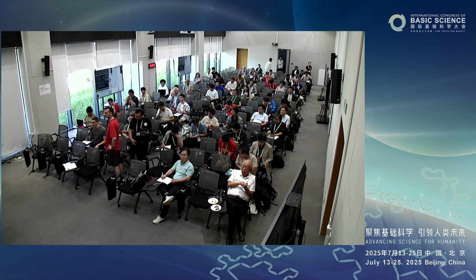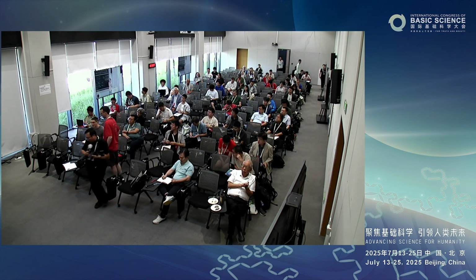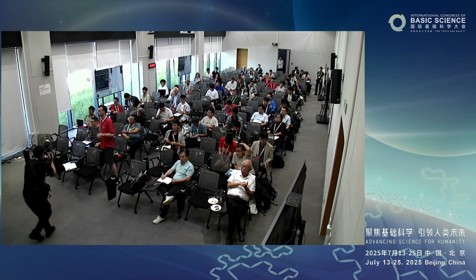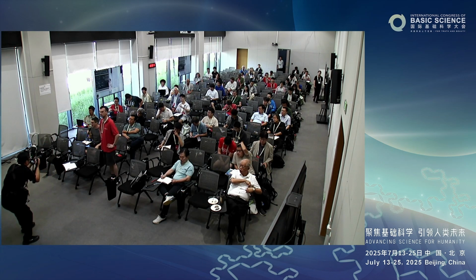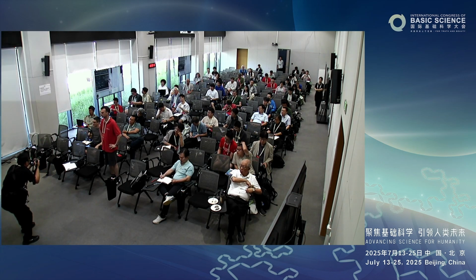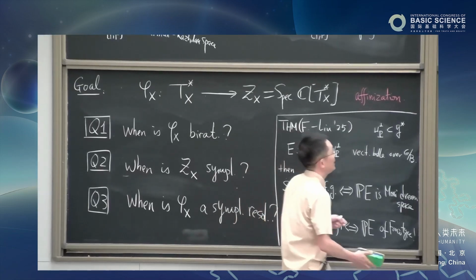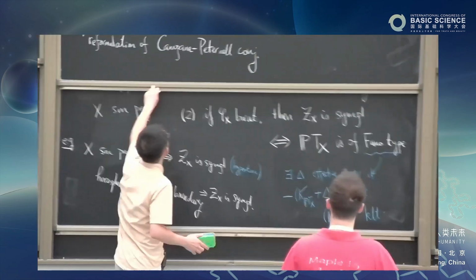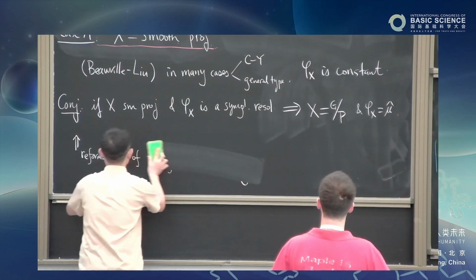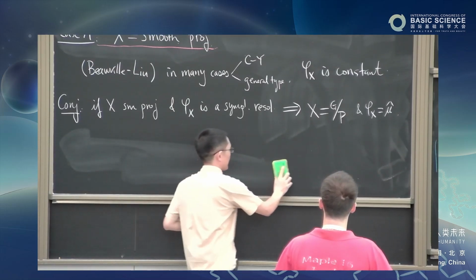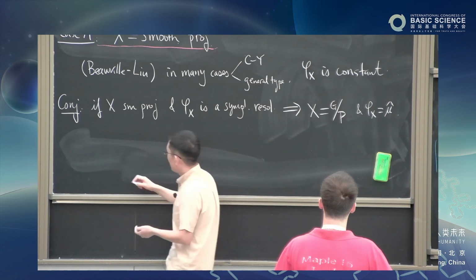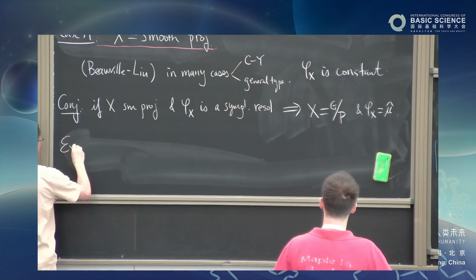Do you know what kind of singularities appear in your symplectic varieties for either case A or case B? Yeah, we have some examples. It's a good question. In fact, there's something quite strange that we found. I didn't talk about it.